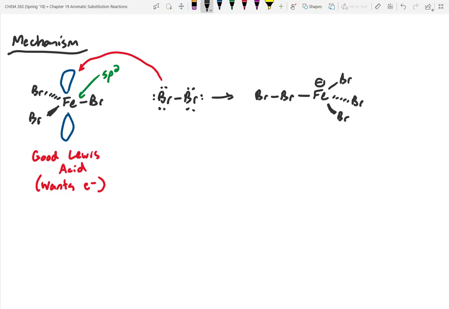So this iron now has a negative charge. The interior bromine, or the bridging bromine, has a positive charge, and then you've got a bromine dangling off the end like that. The bromine with the positive charge is quite unhappy.